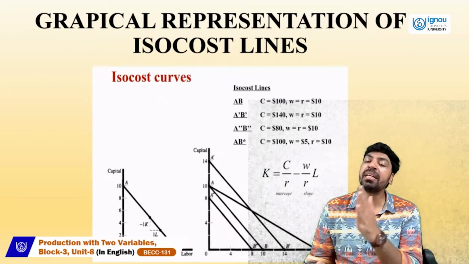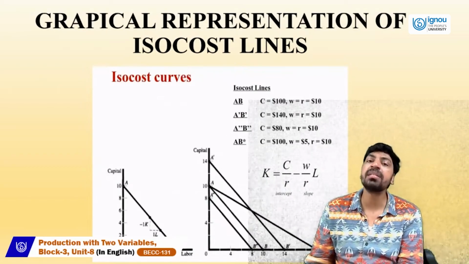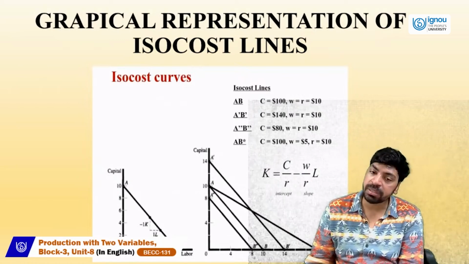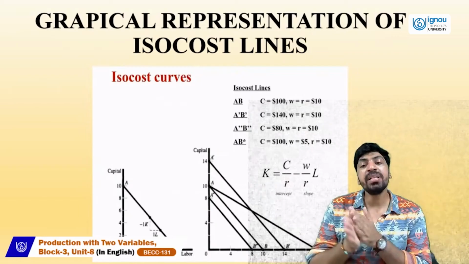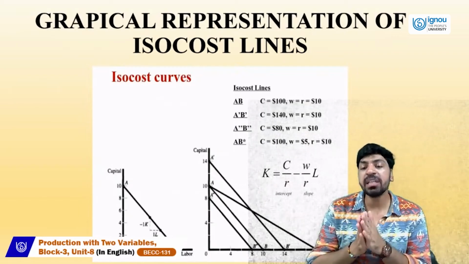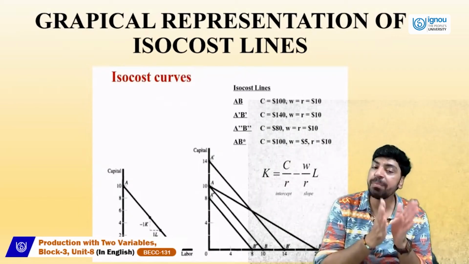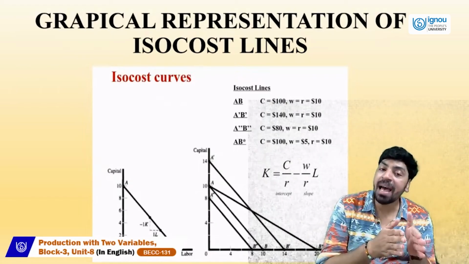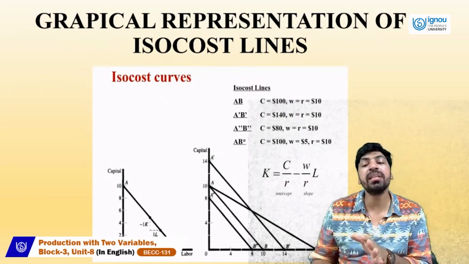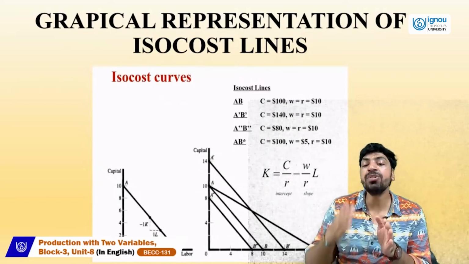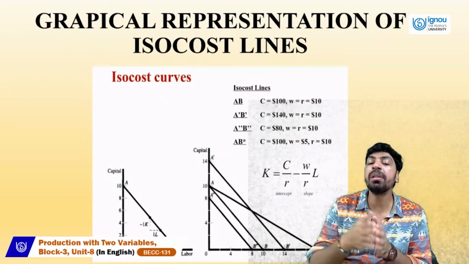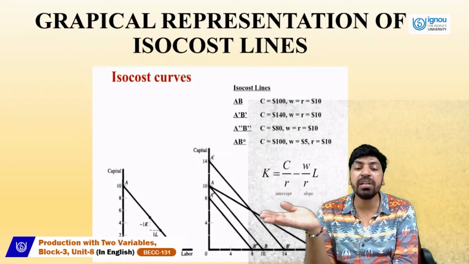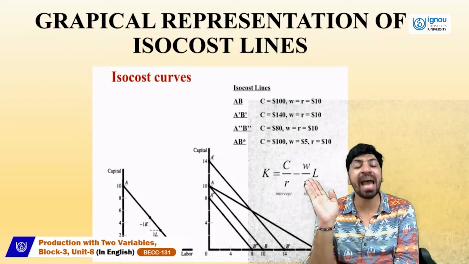If there is any increase in the prices, the isocost line shifts backward. If there is an increase in capital, whereas no change in labor, it automatically shifts the isocost line upward in a parallel shift, that's called AB dash.